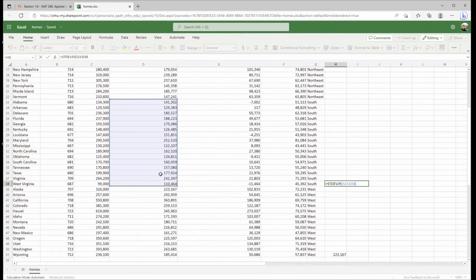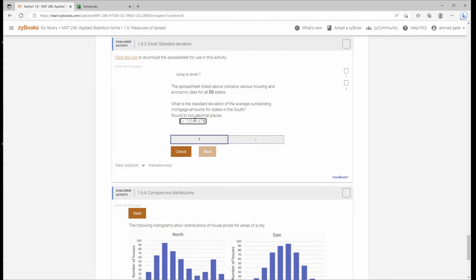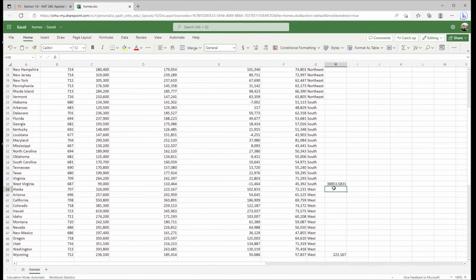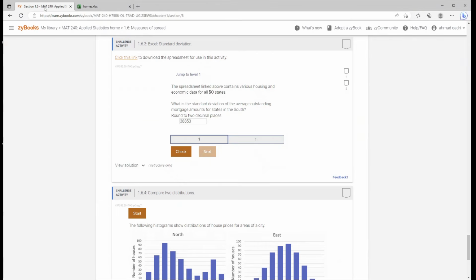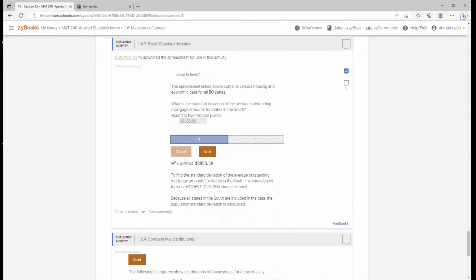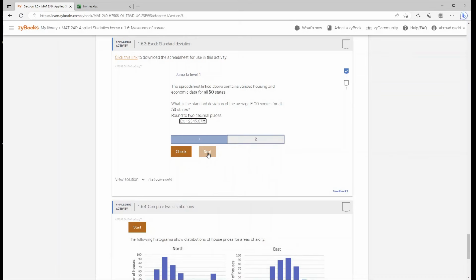The answer is 388.53, 0.5831. We're not going to enter 31 because we want to round it to 2 decimal places. And so that is the correct response.